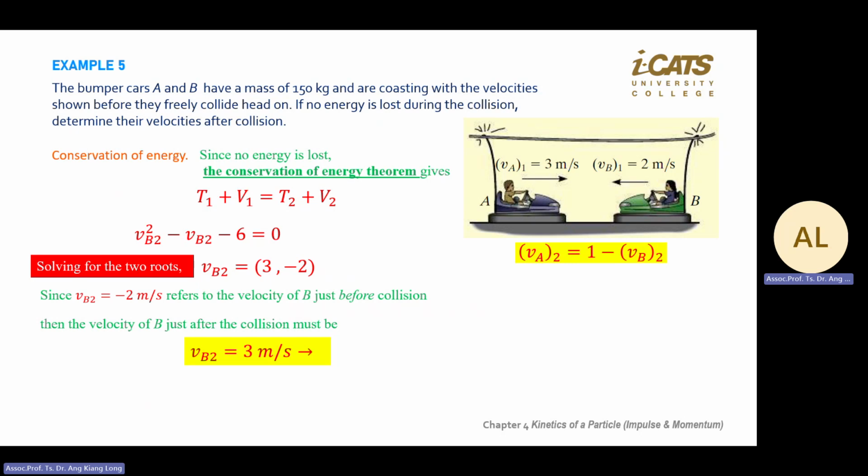This is the velocity equation for B, and you should be able to read and understand what this equation means for the velocity. You substitute 3 back into the previous one, you get VA2, which is 2 meters per second to the left, because you get a negative value.